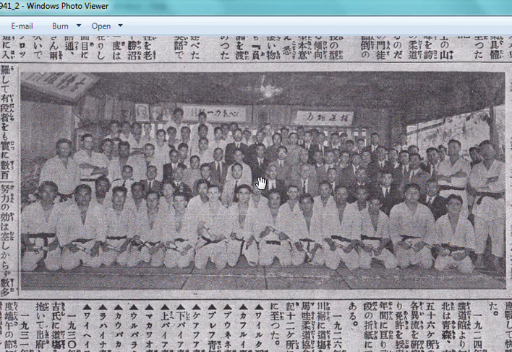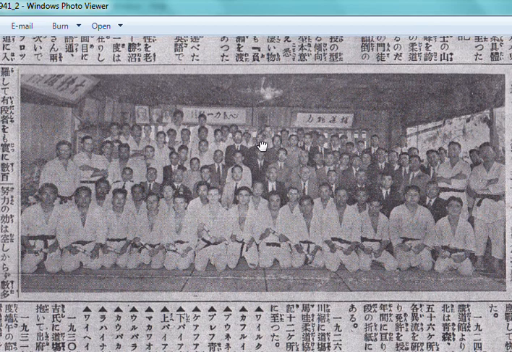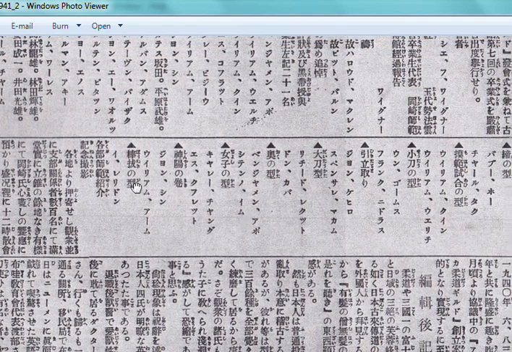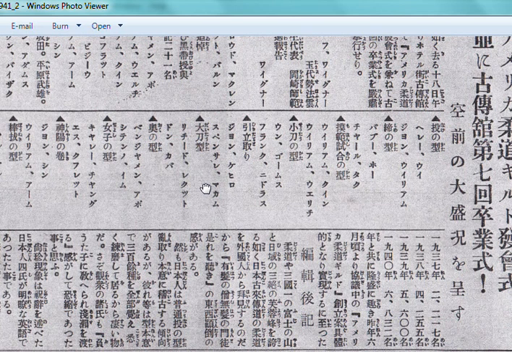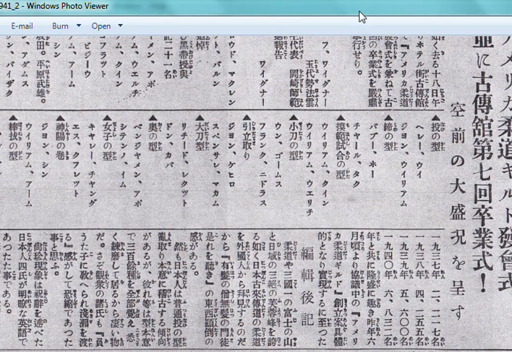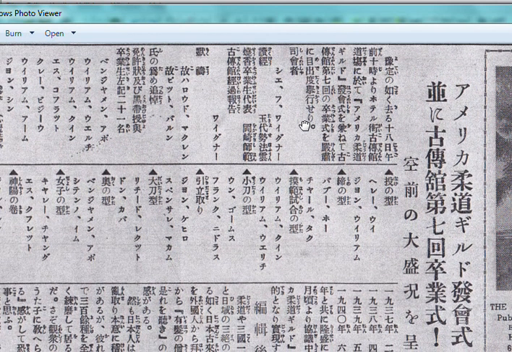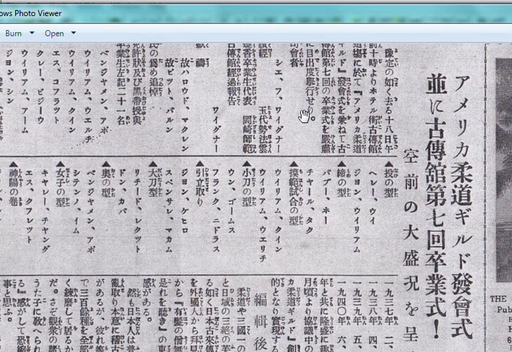Okay. But what's important about this document that I wanted to show you is this. One of the things that this document is talking about is a public demonstration that was performed in celebration of the 7th anniversary. See here, it says the 7th anniversary of the Koden Kan, and there's an alternate use of the symbol Kan right there.